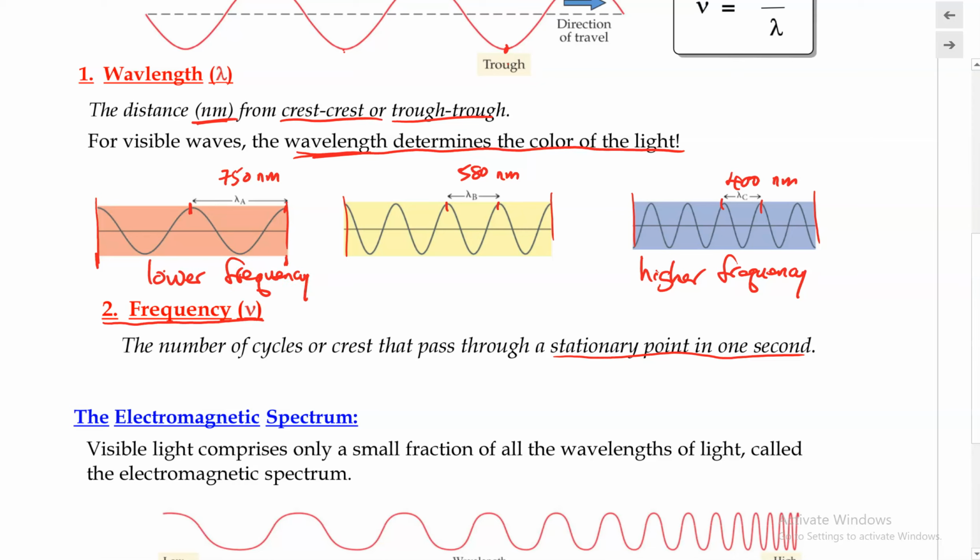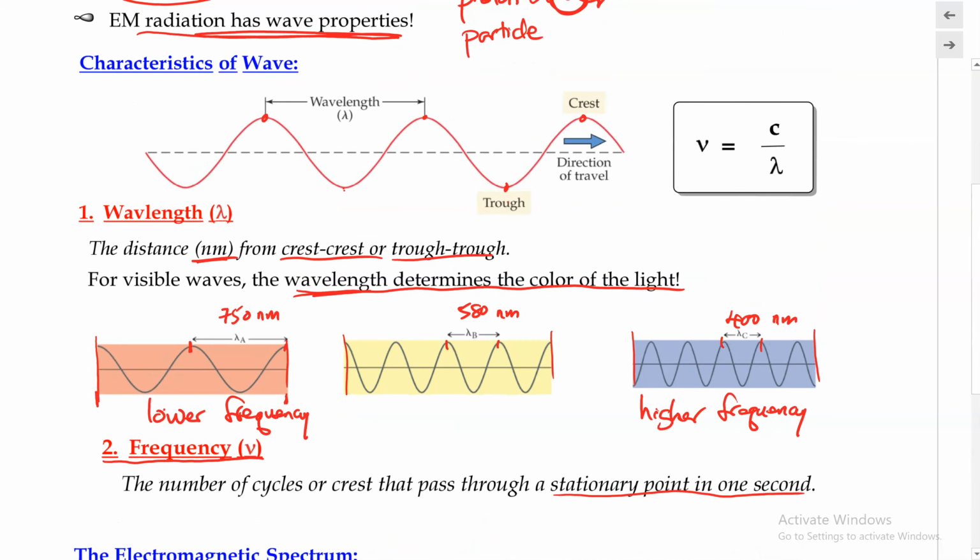The relationship between wavelength and frequency is that they are inversely proportional. This ν right here is the symbol for frequency. Frequency is equal to c, the speed of light, divided by the wavelength. So they are inversely proportional: the higher the wavelength, the smaller the frequency would be, and vice versa.